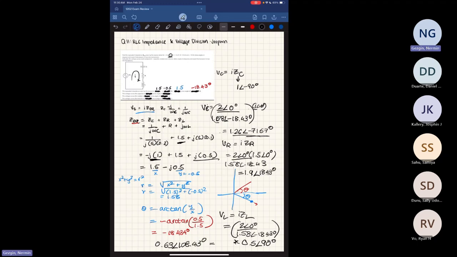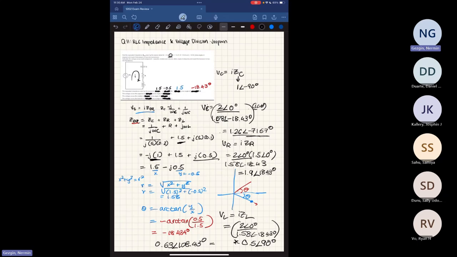So in short, because we saw components in series, voltage division should come to your mind. When you're finding impedance, you can just add them up as if they were resistors, but remember the individual formulas. For resistance, it's just R. For capacitors, it is 1 over JWC. For inductors, it's JWL.